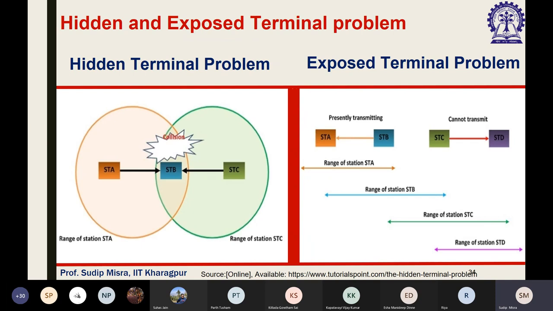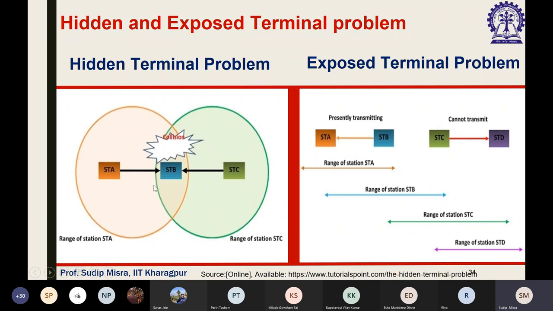Now in wireless networks, there are three problems that are very popular. One is called the hidden terminal problem. The other one is called the exposed terminal problem. In the hidden terminal problem, let us say that we have three stations, A, B, and C. If station A transmits something and station C also transmits something, A and C are hidden from each other.